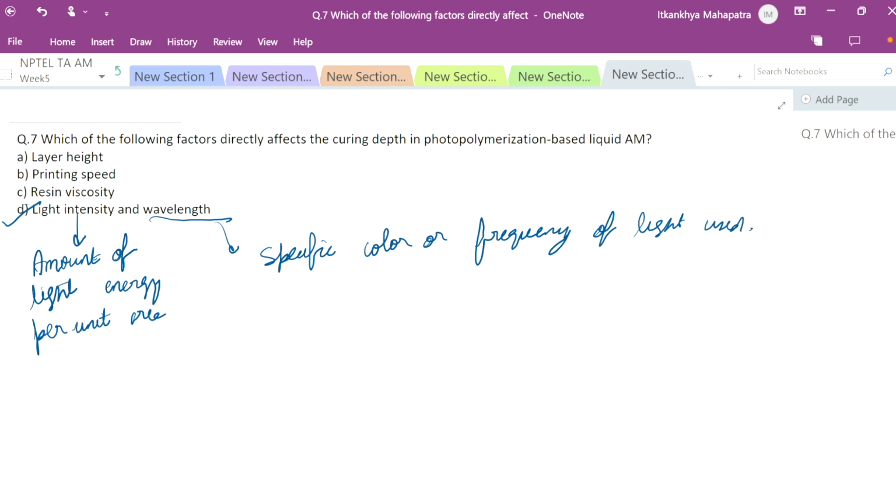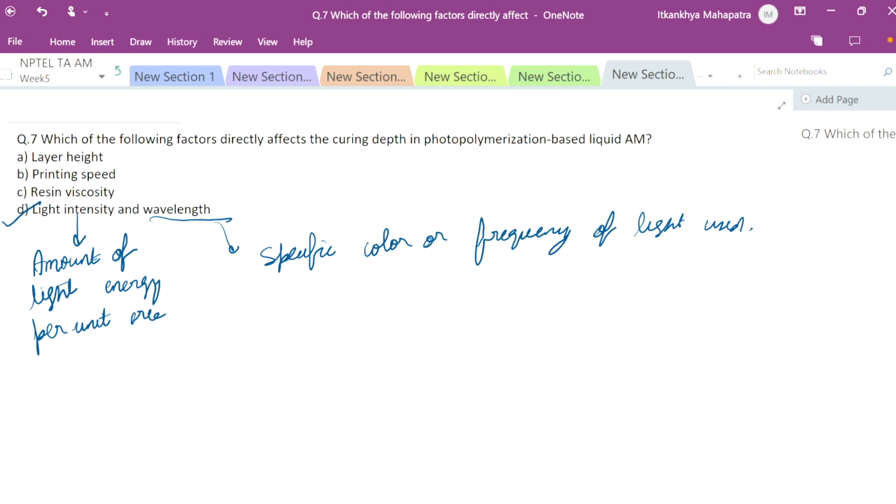Now, the depth to which a resin solidifies and cures depends on the intensity of the light and its wavelength. Higher light intensity can penetrate deeper into the resin, allowing for a greater curing depth. Additionally, the choice of wavelength is also important because different photo initiators within the resin are sensitive to specific wavelengths.